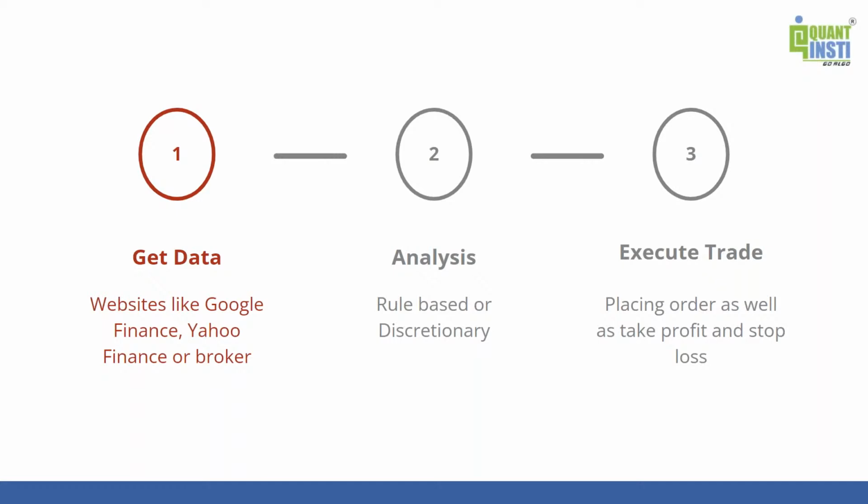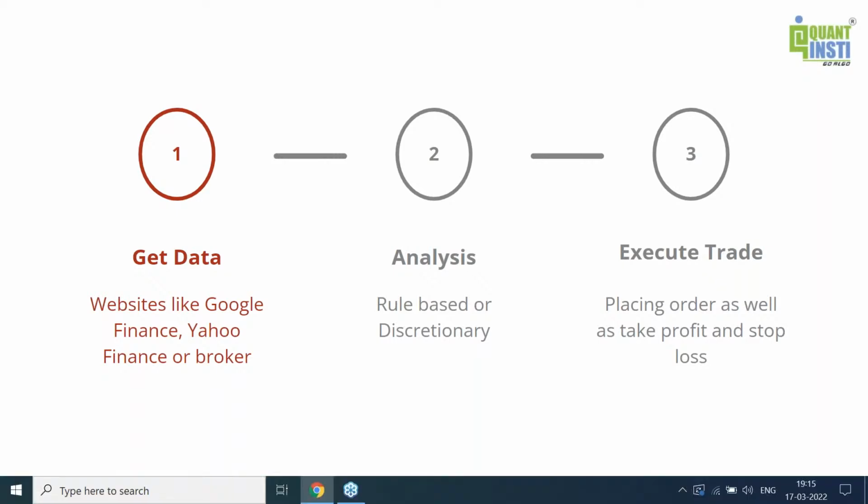If you want, you can go to resources like Google Finance or Yahoo Finance and download the historical data. But the interesting thing about Google Finance is that it has smartly integrated the Google Finance API into Google Sheets. What do I mean by that? Let's see it in action.